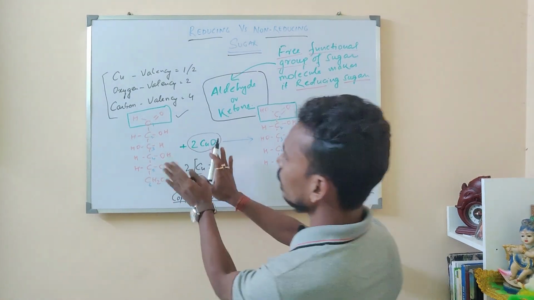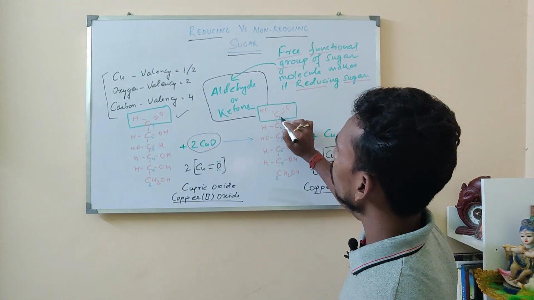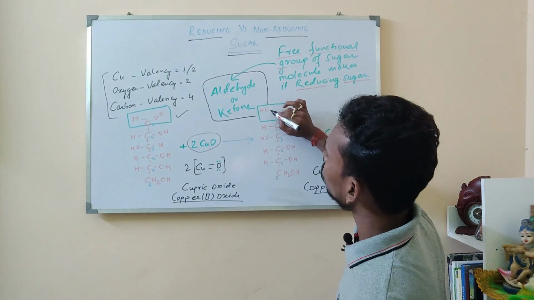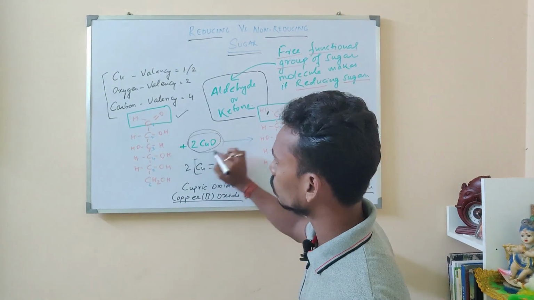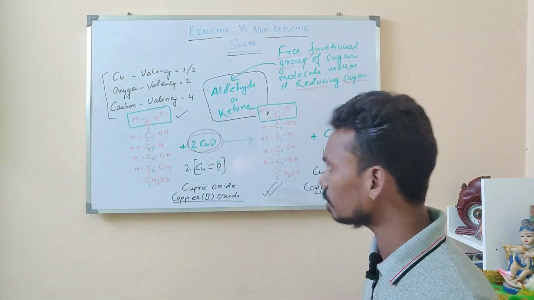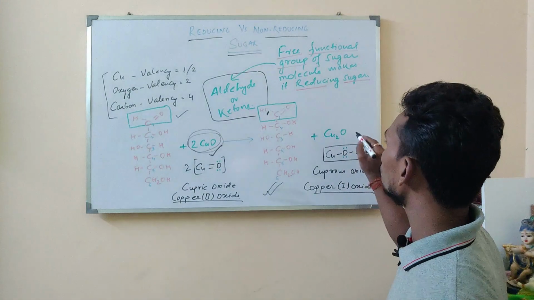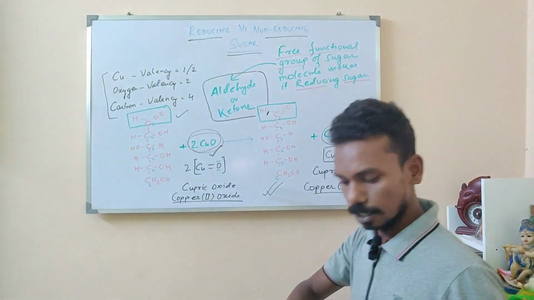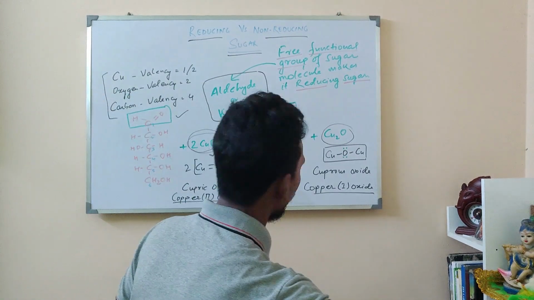After adding this cupric oxide, just see that the carbon number 1 has received one more oxygen from this cupric oxide, and hence this compound has been oxidized and the cupric oxide has been reduced to cuprous oxide.